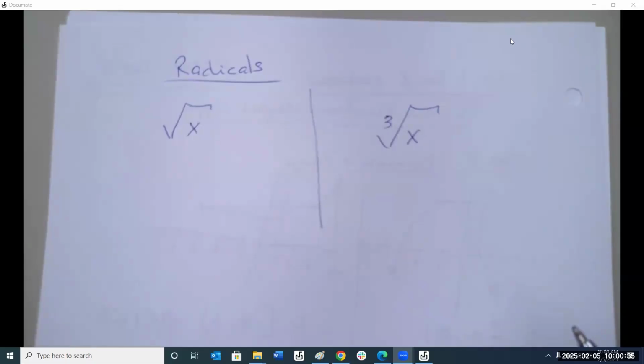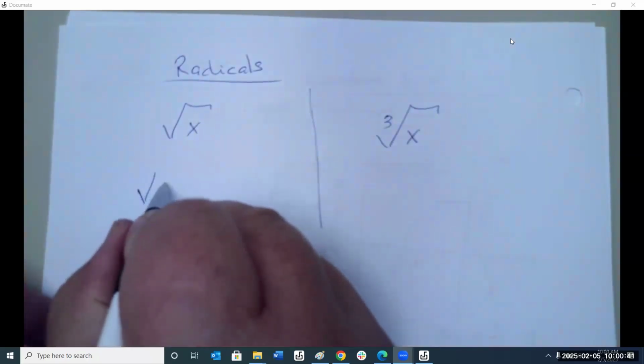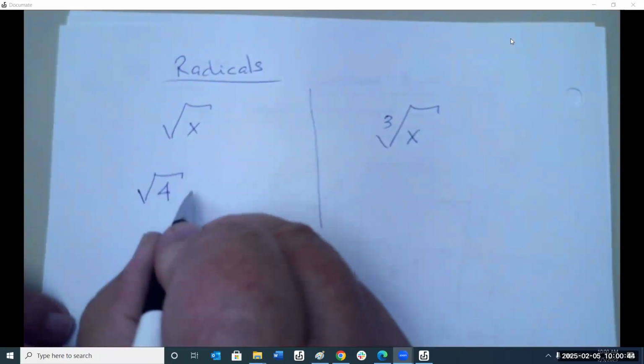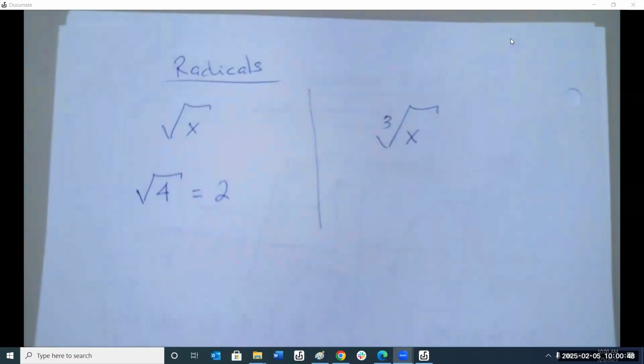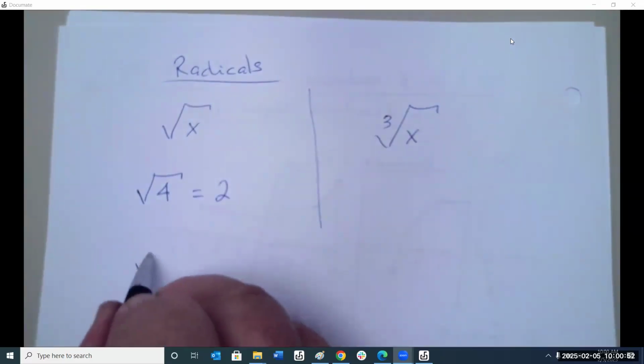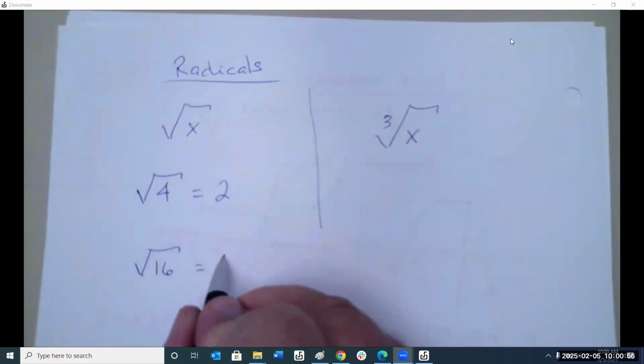What do we know about the operation of a square root? What is the square root of 4? Why is it 2? Why is the square root of 16 4?